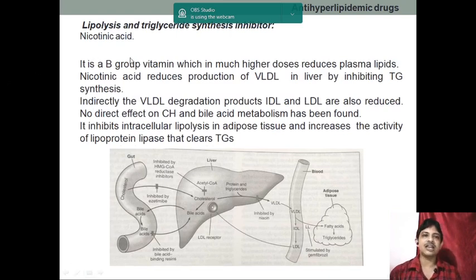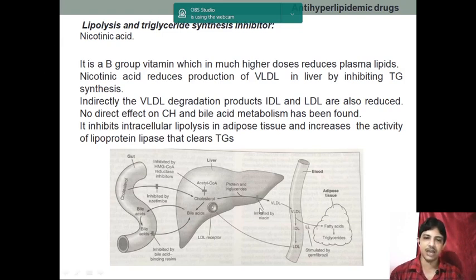Next is nicotinic acid, which is a lipolysis or triglyceride synthesis inhibitor. It is a B group vitamin, which in much larger doses reduces the plasma lipid, so it requires more dose. Nicotinic acid reduces the production of VLDL in the liver by inhibiting the triglyceride synthesis.